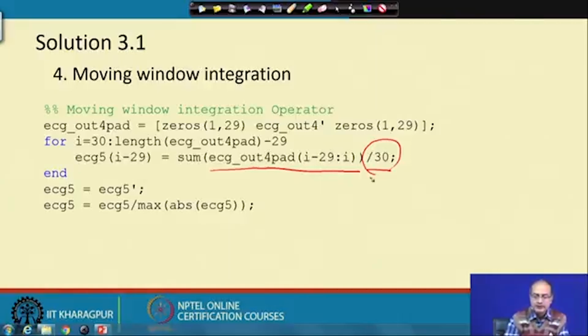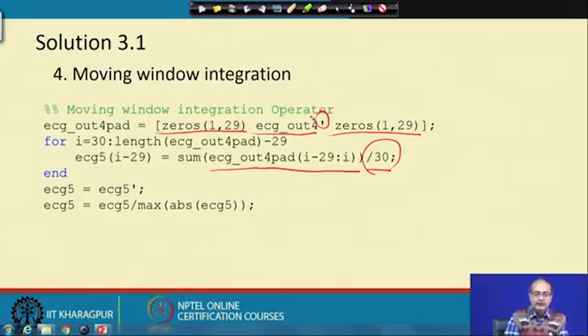And to do this operation faithfully, we need to pad the signal with zeros on both sides. We should have 29 more zeros on both sides of the ECG out 4, and this operation is a transpose operation. Okay.